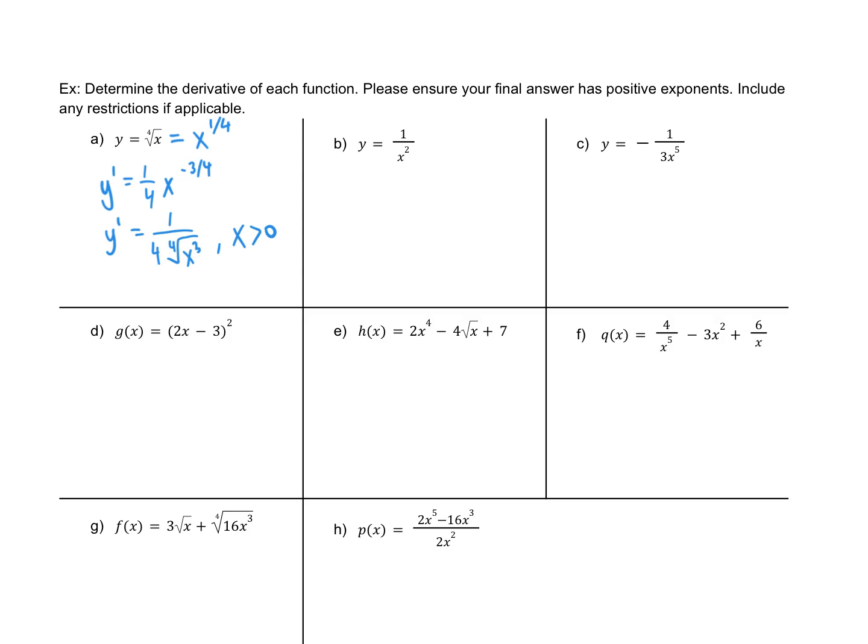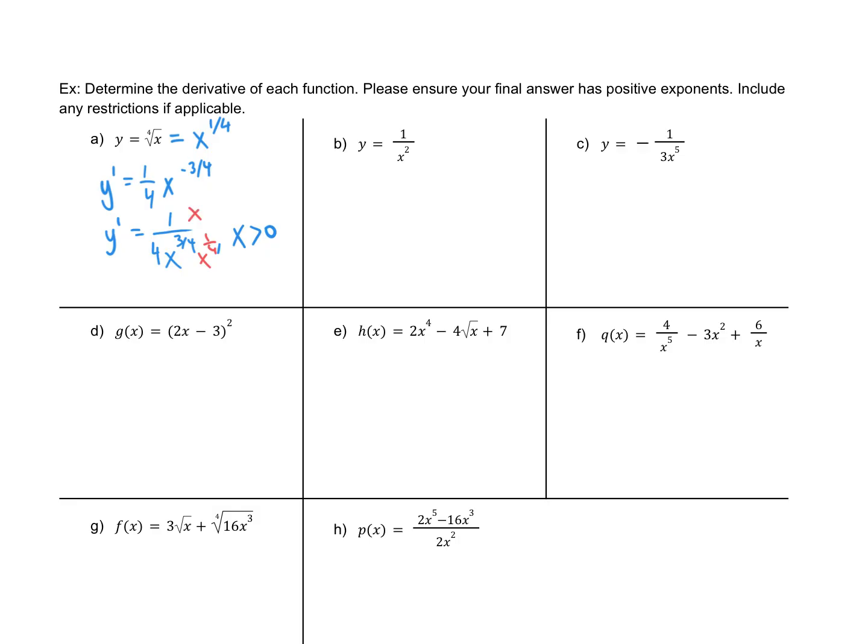And for this, I'm actually going to go back to x to the power of 3/4. And then I think to myself, okay, what should I multiply x to the power of 3/4 by so that the fraction's gone? And if I multiplied it by x to the power of a quarter, 3/4 times a quarter is 4/4, which is 1, and then boom, I don't have a radical in the denominator anymore.